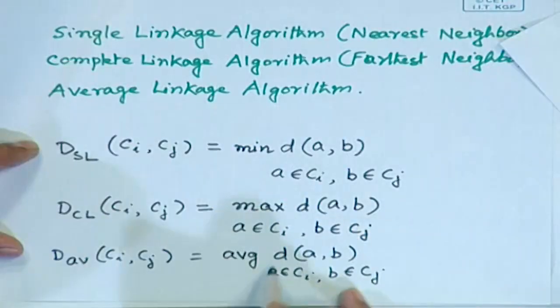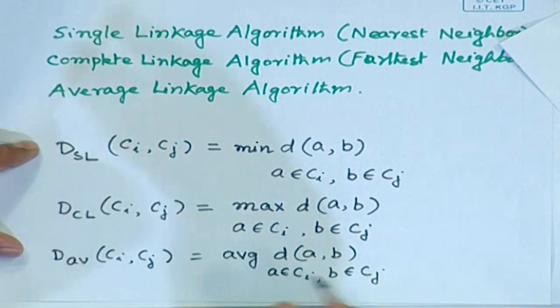Is that clear? So, to say whether two clusters are similar or not, the distance between those two clusters has to be minimum. But it is the distance between the clusters that I compute, and that computation is one of these.